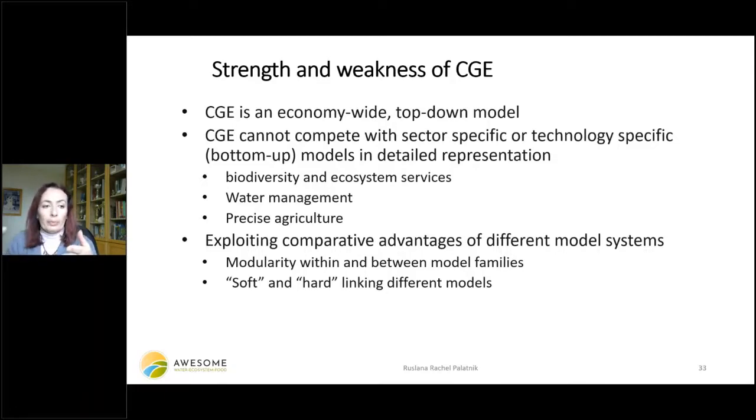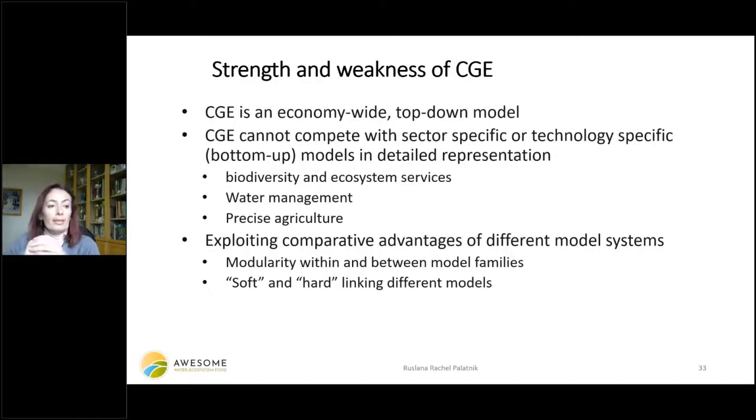We call it a bottom-up model, okay? On the details in the representation of a specific sector or specific technology. And here we can talk about the representation of biodiversity or ecosystem services, or representation of agriculture or water management, and precise agriculture. Okay, so the strength of CGE is the interlink between sectors. The weakness is that each and every sector is depicted with some simplifying assumptions.